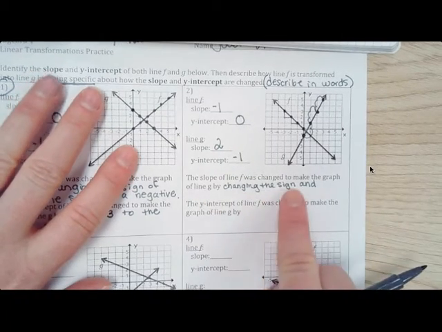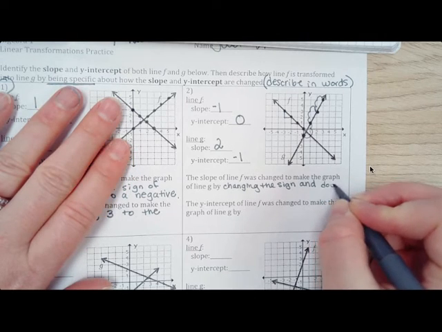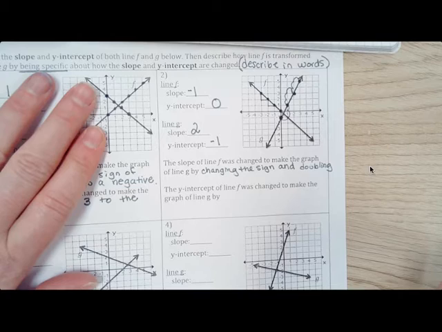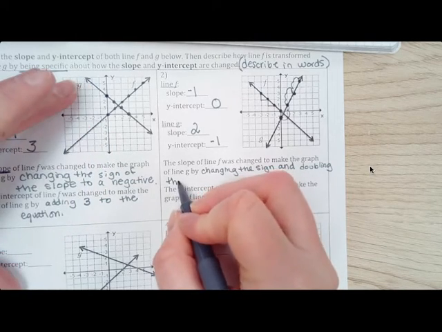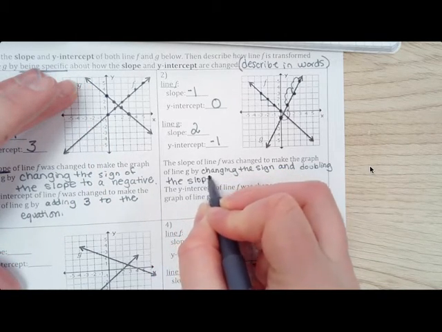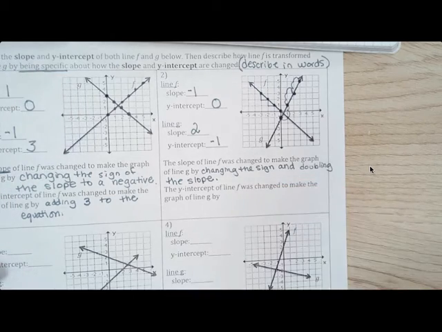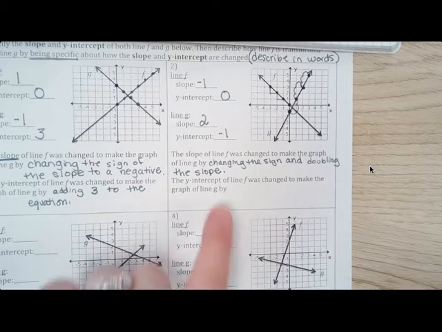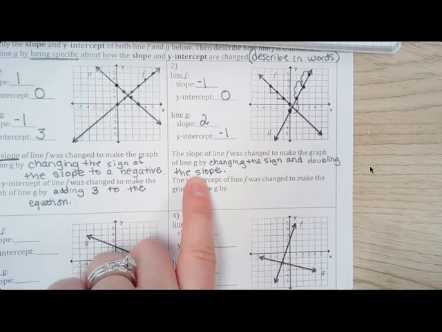By changing the sign and doubling the slope, so 2 transformations were done. We changed the sign and we doubled it.